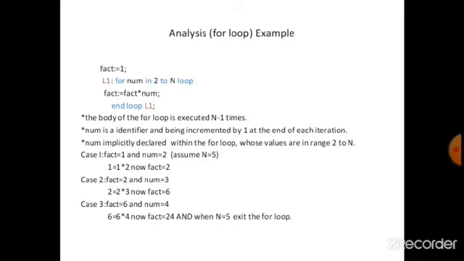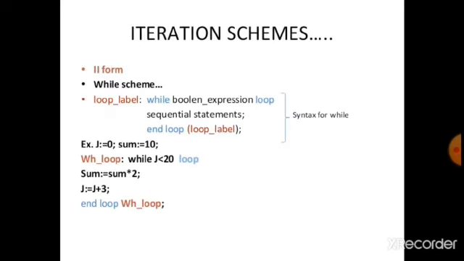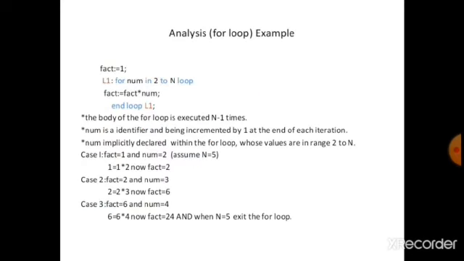But n we have to assume, and in the program we have to give that value. Here I have assumed that n is equal to 5. Let us see what fact is equal to. Fact is equal to 1, and next fact is equal to 1 into 2. Now what is fact equal to? Fact is equal to 2. It is simple mathematics.